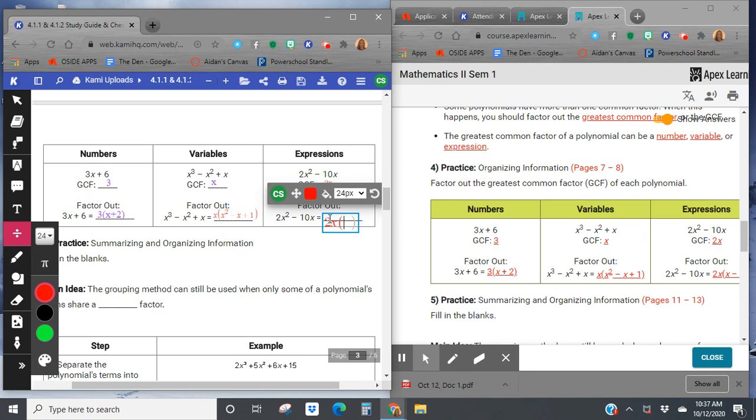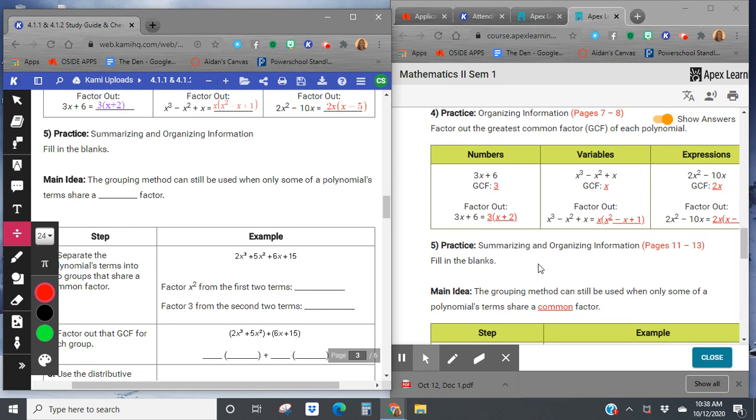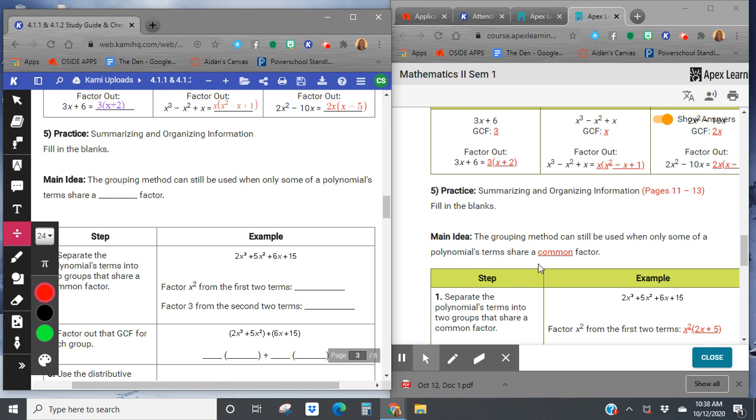And what would be left inside if I take out a 2x would just be x minus 5. So the main idea, the grouping method can still be used when only some of the polynomial terms share a common factor.